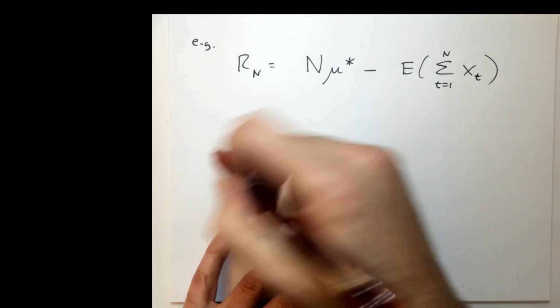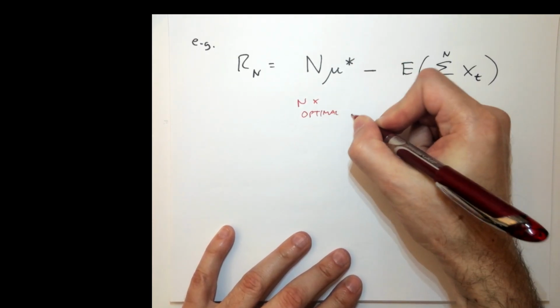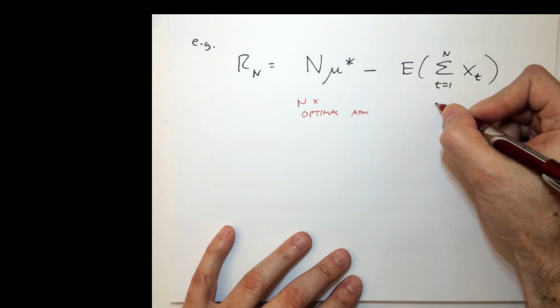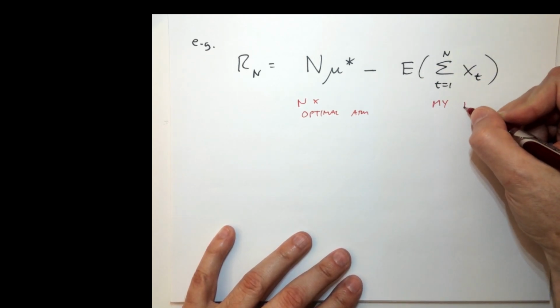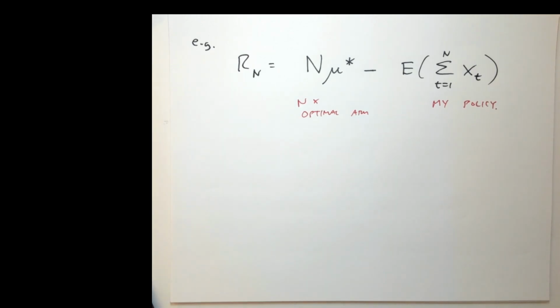So this is like saying the optimal arm minus my policy. And of course, the challenge is that you don't know what the optimal arm is, right? So if the regret is large, then the learner isn't doing very well. If the regret is small, then the learner is doing pretty well, right?